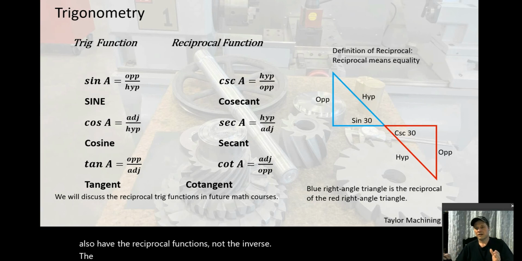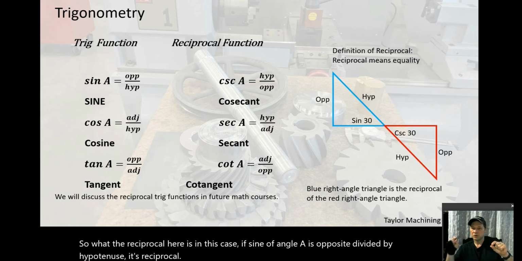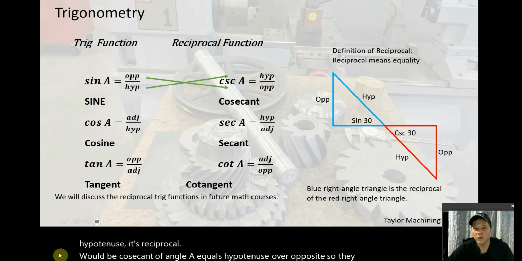So in this case, if sine of angle A is opposite divided by hypotenuse, its reciprocal would be cosecant of angle A equals hypotenuse over opposite. They just switch places.